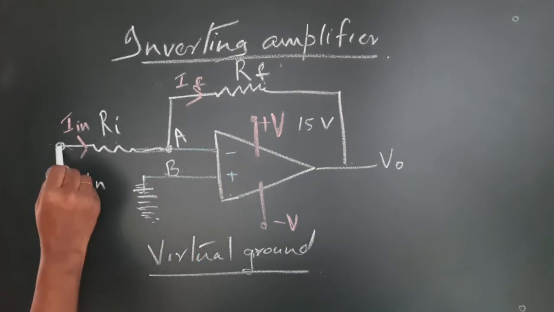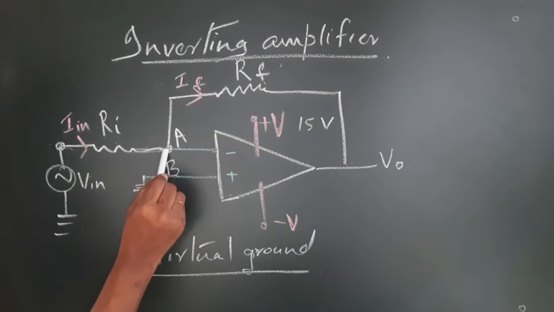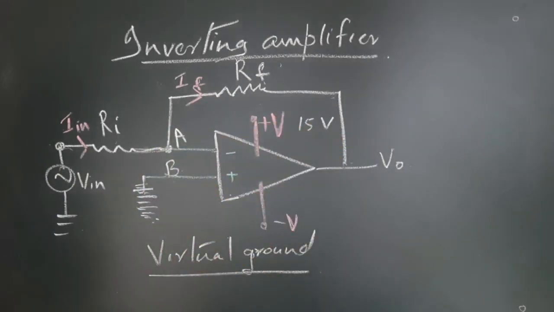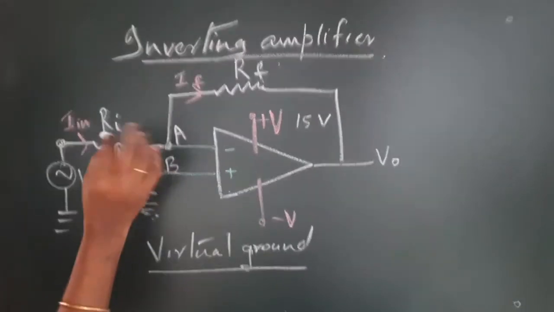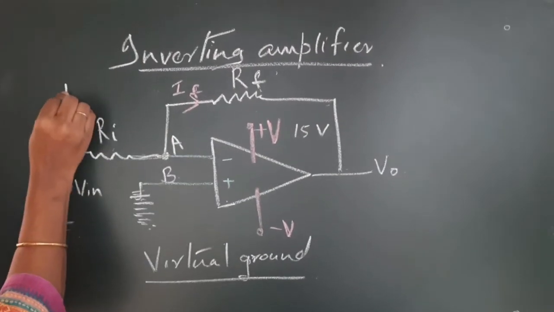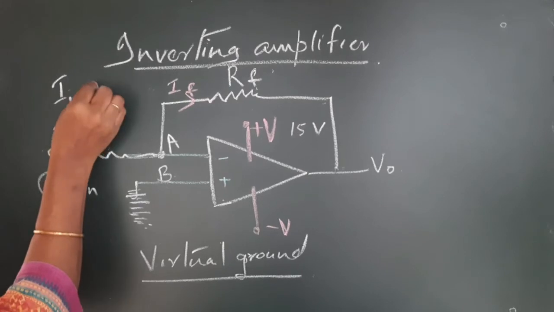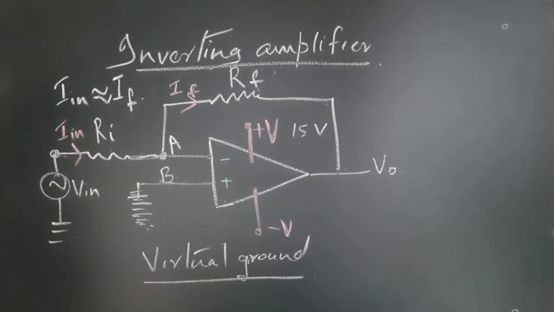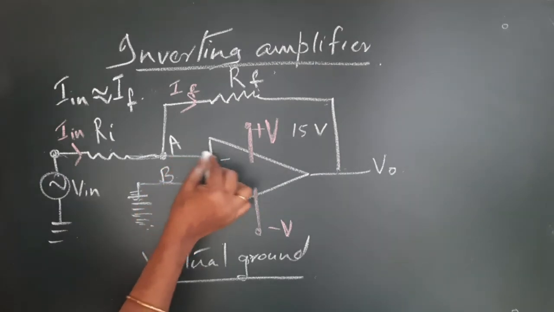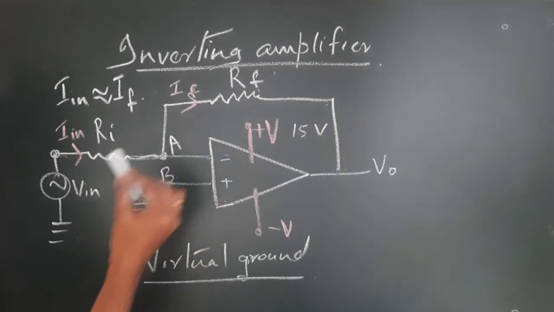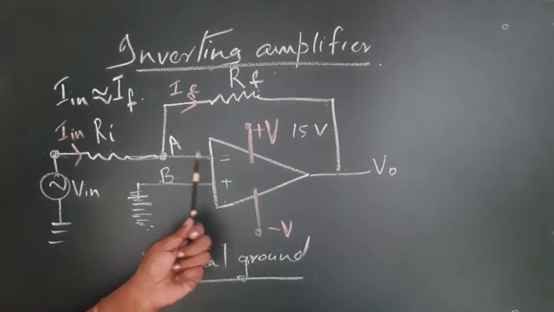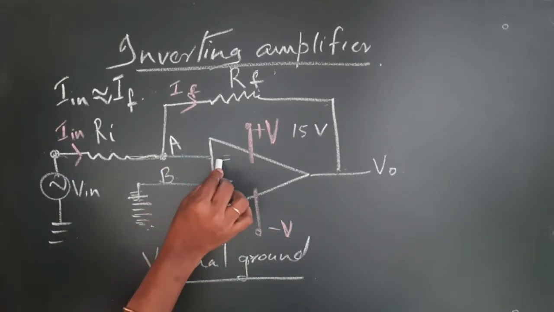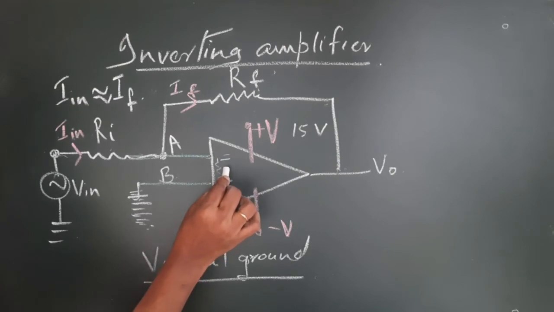So, all the current flowing through this will be forced to go through this RF. Almost all the current, I would like to put it as Iin is almost equal to IF. Only a very small current, in the order of say microamperes, would enter this op-amp, because the input impedance of this op-amp is very, very high.